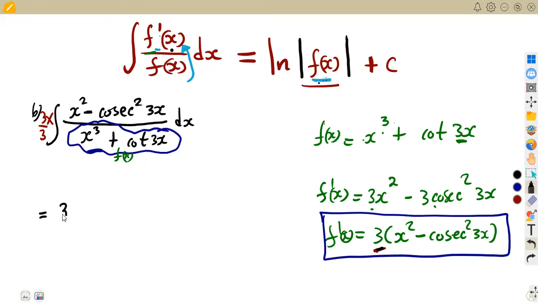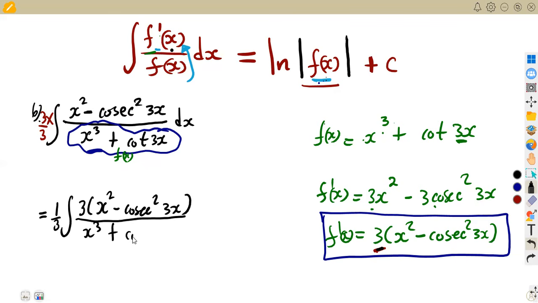So the moment we take this 3 inside, we remain with 1 over 3, the integral of 3 now inside, so it's 3 into x squared minus cosec squared 3x. There's nothing that you're simplifying there. It's just rewriting.